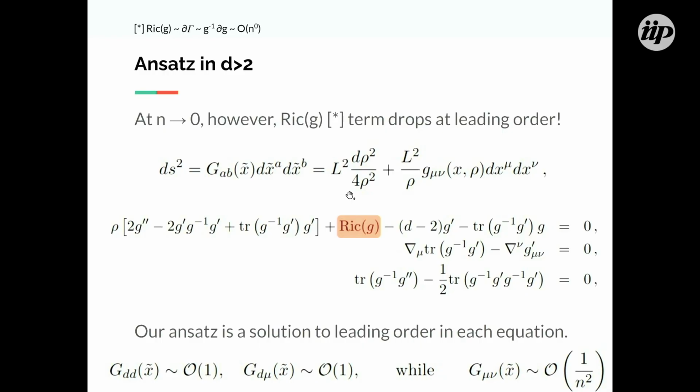But in these terms above, for example, you have g and also g^-1 ∂g ∂g, so this is of order 1 over n squared. But Ricci of g, you have a reminder here of the definition, is actually of order n to 0. So this term is the only one in this whole structure that simplifies. And what happens is that our ansatz is a solution of this system where the Ricci g term is disregarded.